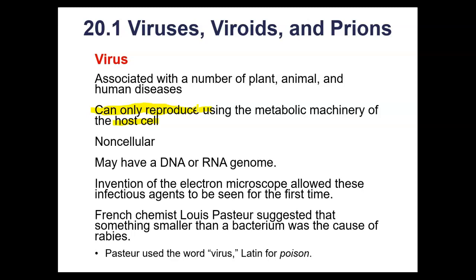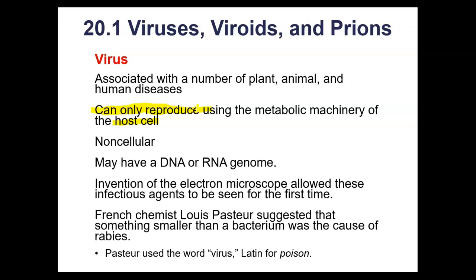So the 2 new cells that are produced must be an identical genetic copy of the parent cell. And the way that happens is that the DNA replicates. And for the DNA to replicate, it needs certain enzymes like DNA polymerase.